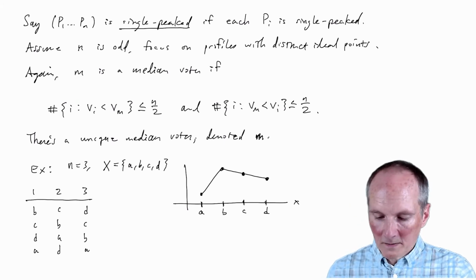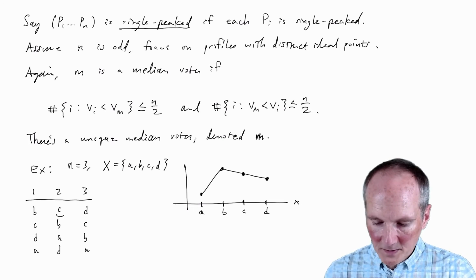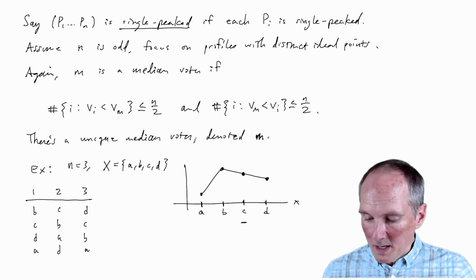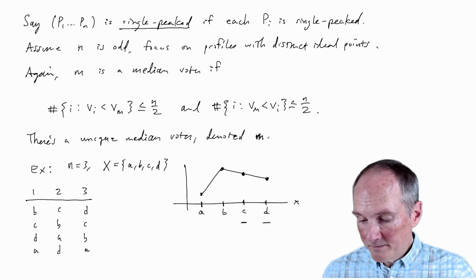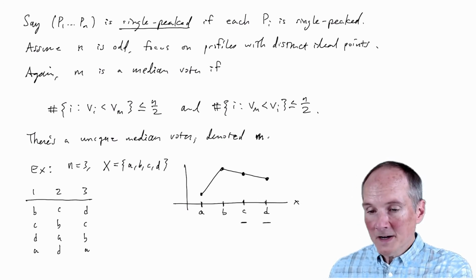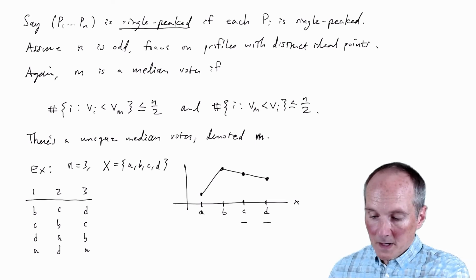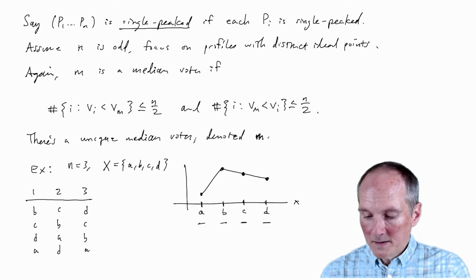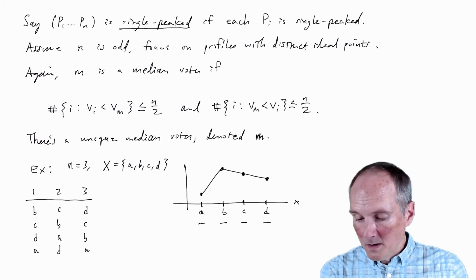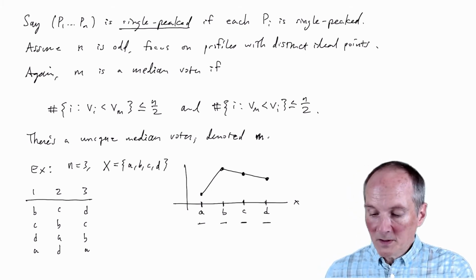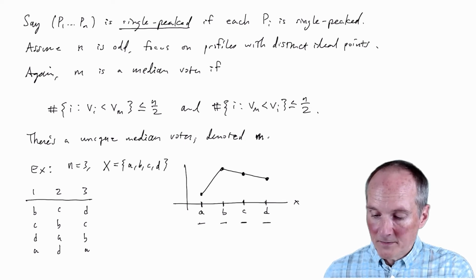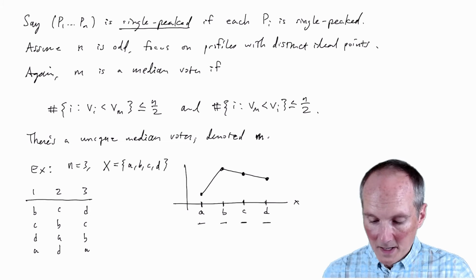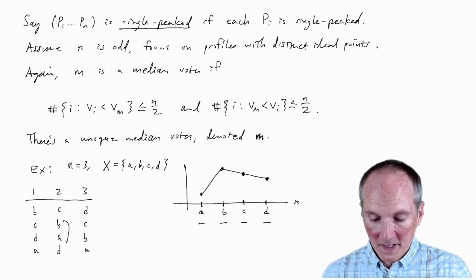All right, let's do the same thing now for person 2. Their ideal point is C, right? Now condition 3 is going to be vacuously satisfied because you cannot find 2 alternatives to the right of C. But you can find 2 alternatives to the left. There's B, and then A is even further to the left. So single-peakedness is going to tell us that for person 2, B has to be preferred to A, right? And if we look, it is.